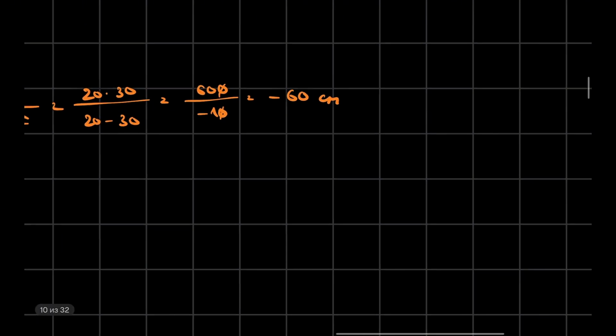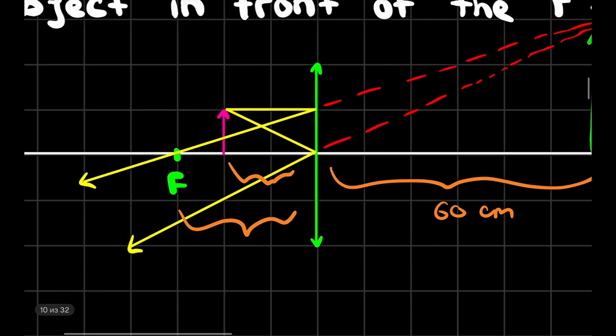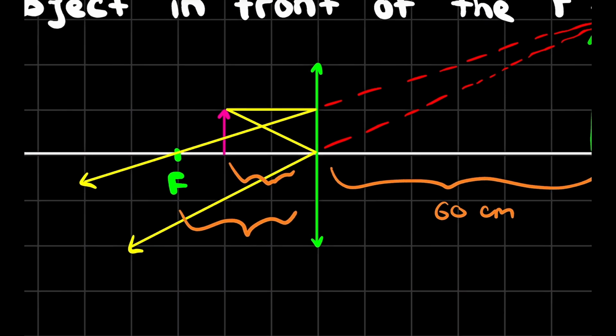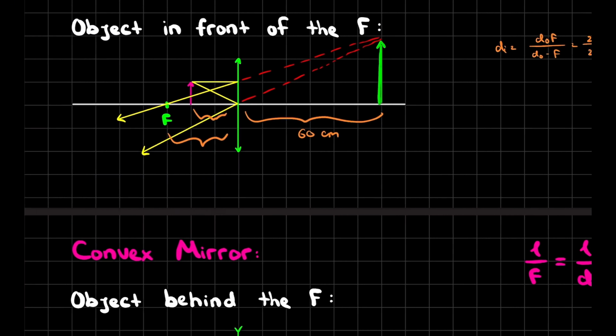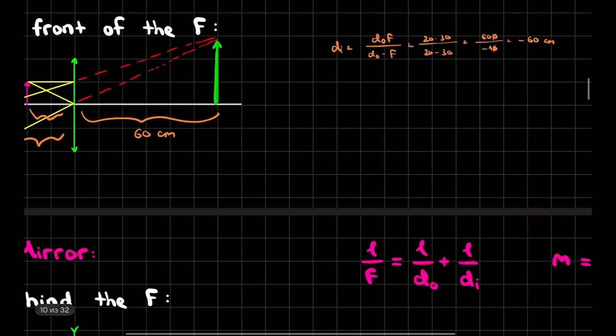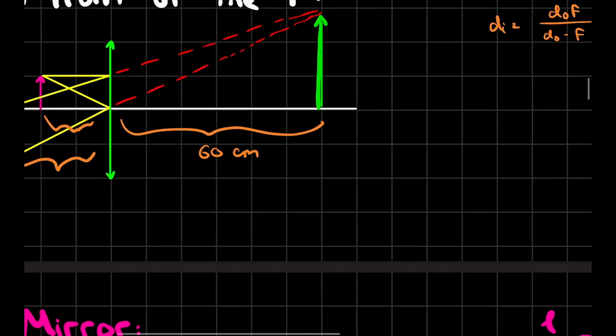But why minus? Because it's not there where we expect it to be. We expect reflected light, our image, to be on the same side, even though it's inverted or not inverted. We just expect it to be on the same side as the object because those are reflected. But it would be minus because it's not there where we expect it to be.